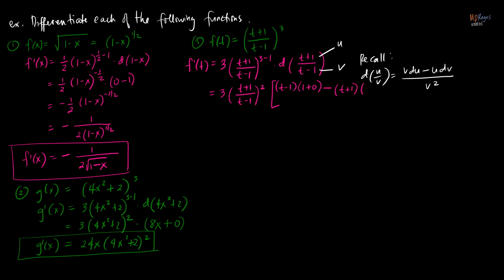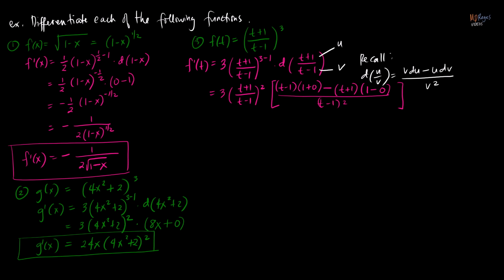So the derivative of t is 1 again, minus the derivative of the constant, 0. And then all over v squared, where v is t minus 1 squared. So we're done with the differentiation process.